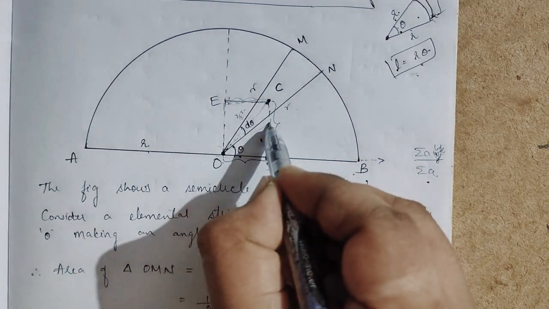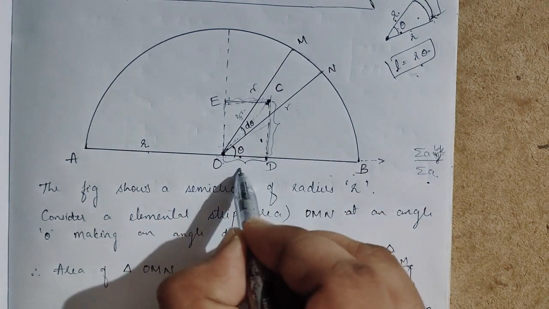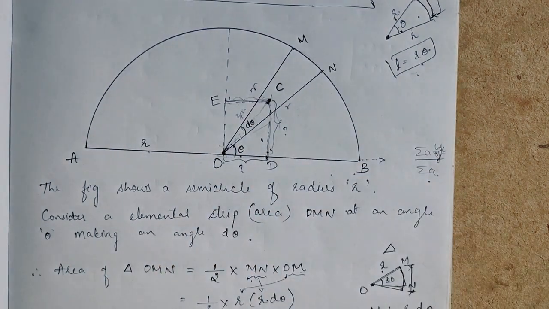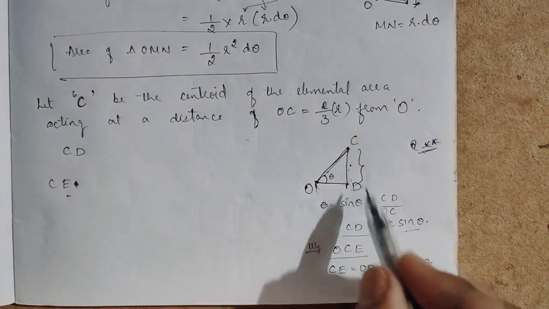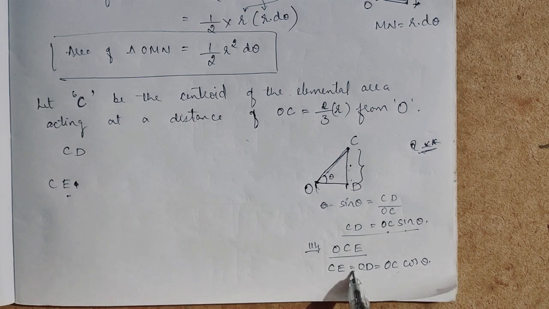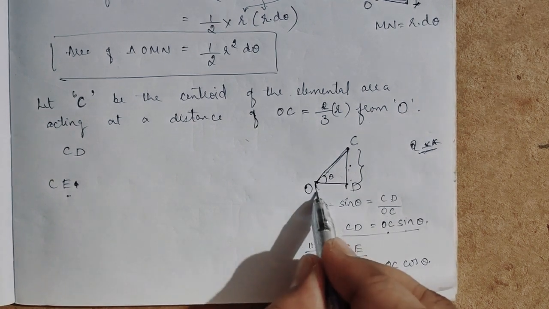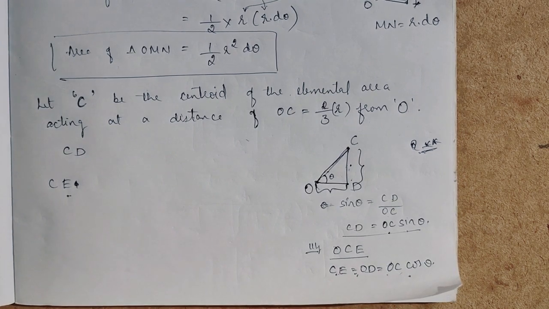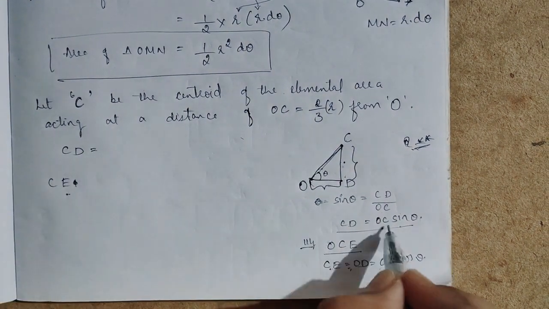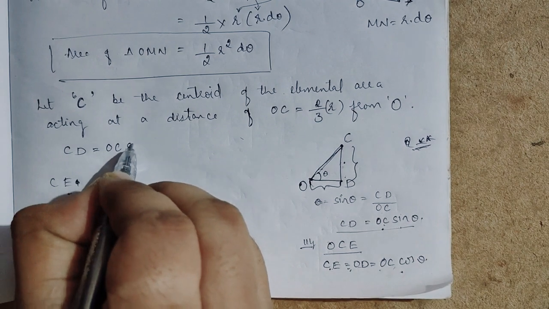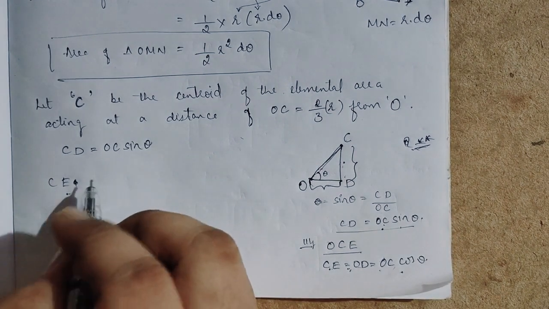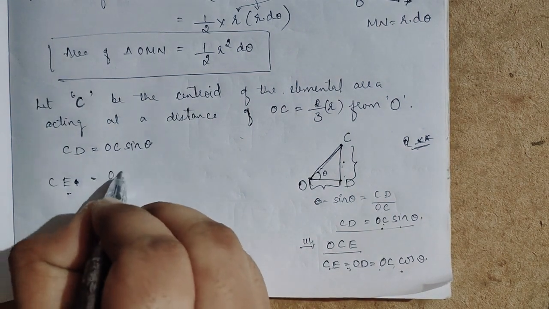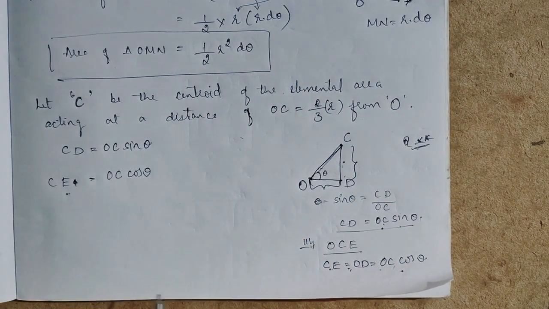So from this triangle, I take this and I want this. CD I wrote as OC sin theta. Similarly, CE, which is equal to OD, is equal to OC cos theta. So I'll write the same now. CD is OC sin theta, and CE is OC cos theta.